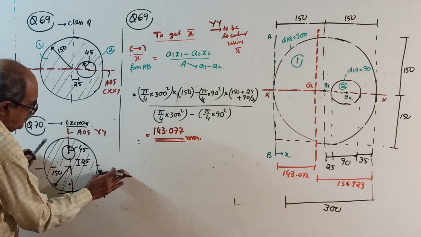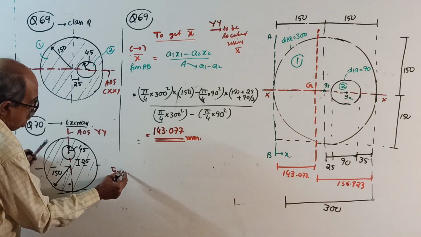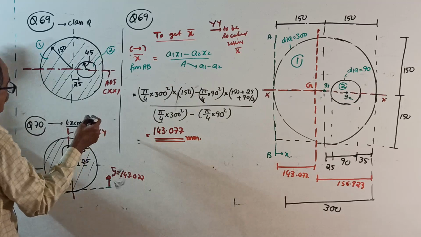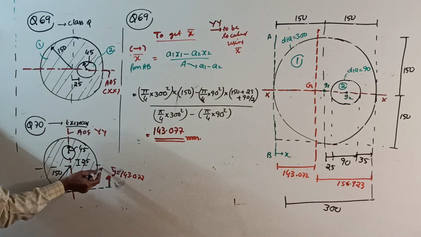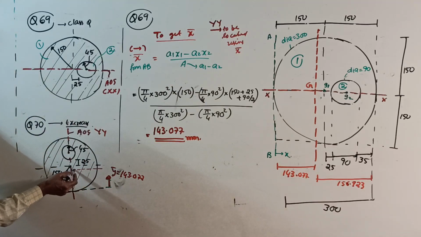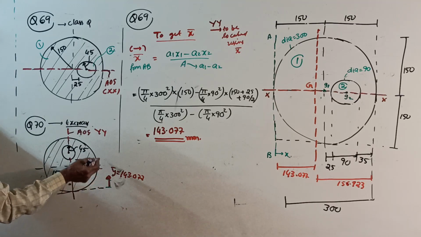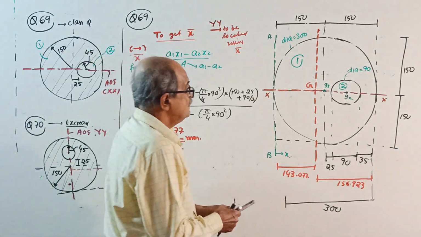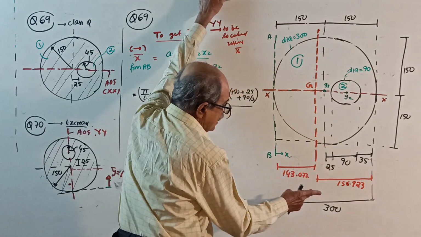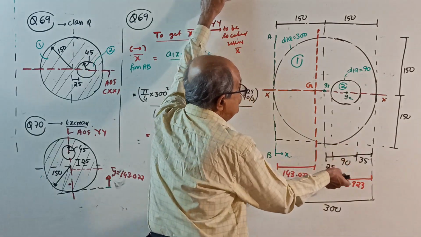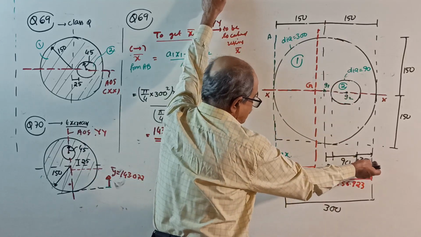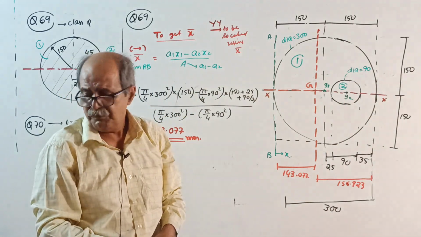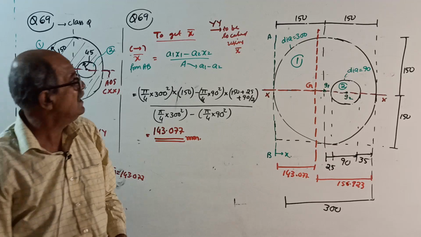Your Y bar this way will come 143.077, or from the top, somewhere here 143.077. From the top edge it will come 156.923. Next question, these two are symmetrical, 150, 150. These two distances are 143 here and 156 there. If you cannot do that much, I am helpless. So you should solve independently and get the answer.